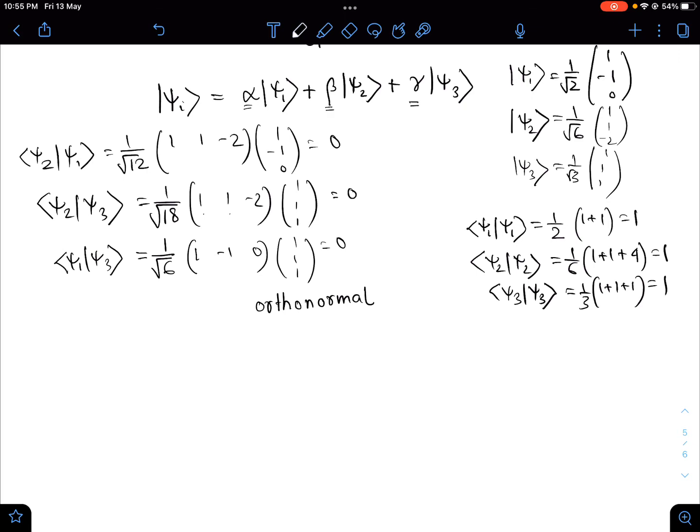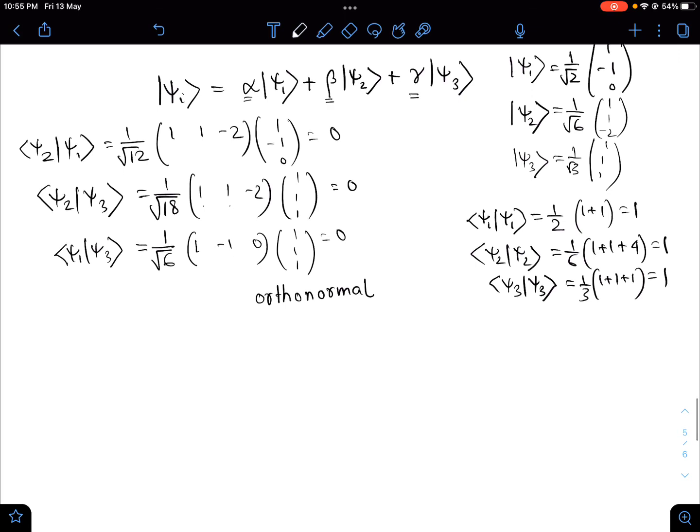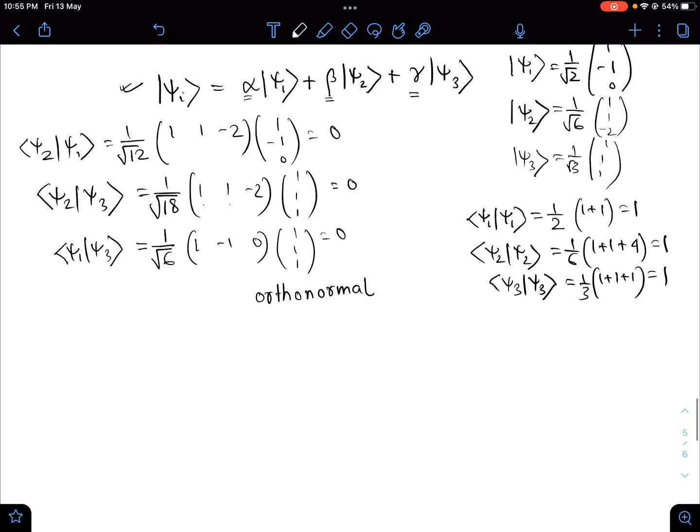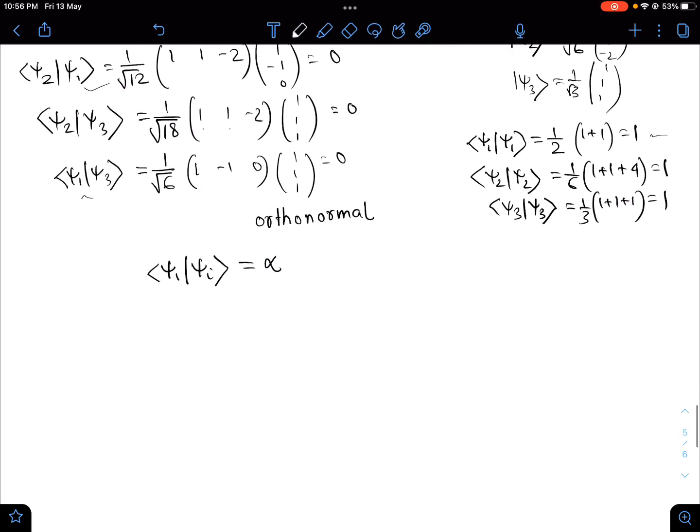How can we find these coefficients? First multiply this expression with bra psi 1. If we do that, psi 1 psi 1 will be 1, and psi 1 psi 2 and psi 1 psi 3 will be 0. So on the right hand side we have alpha.